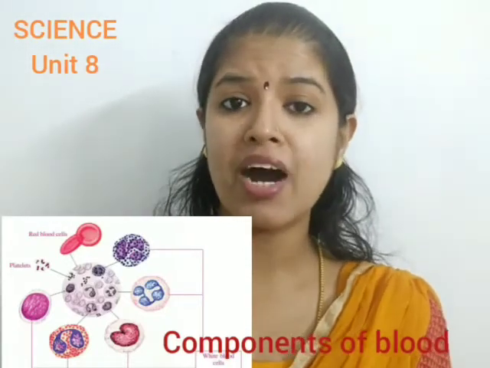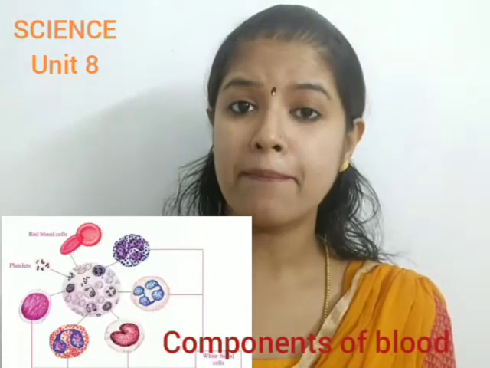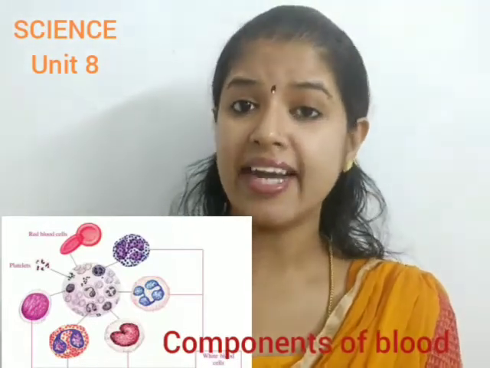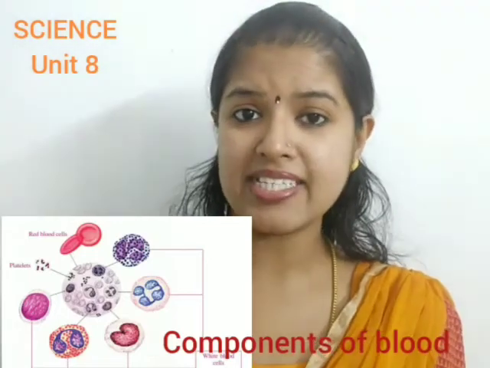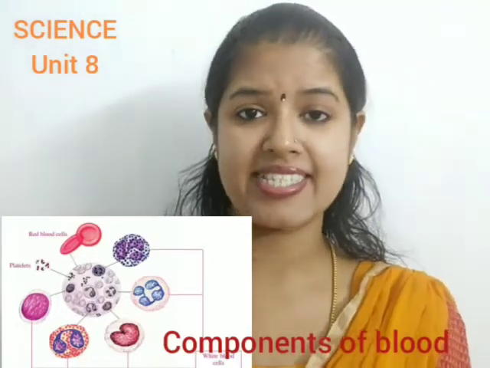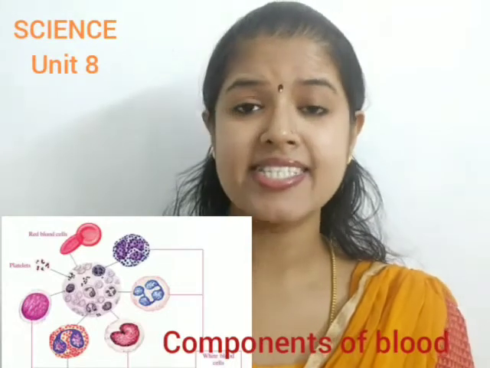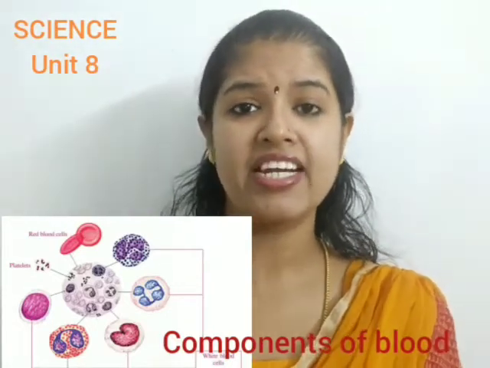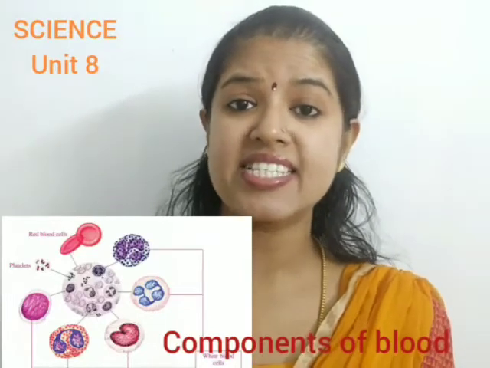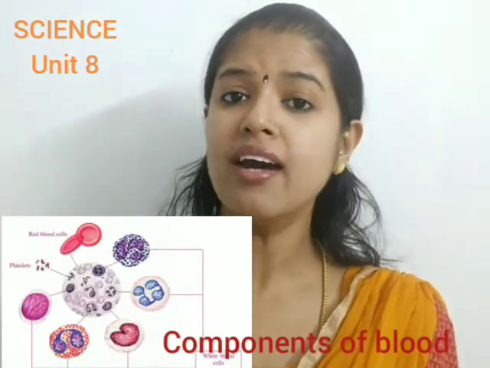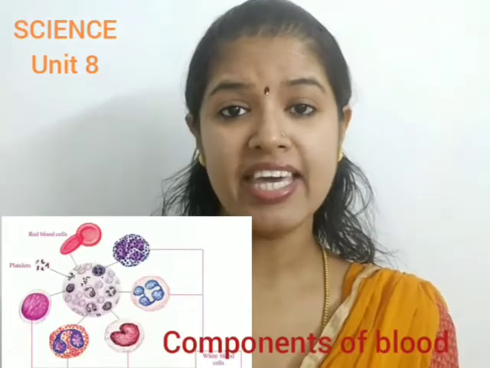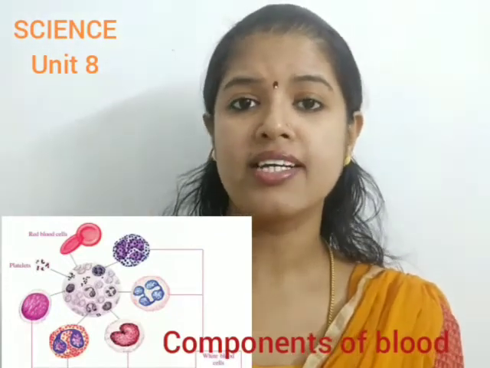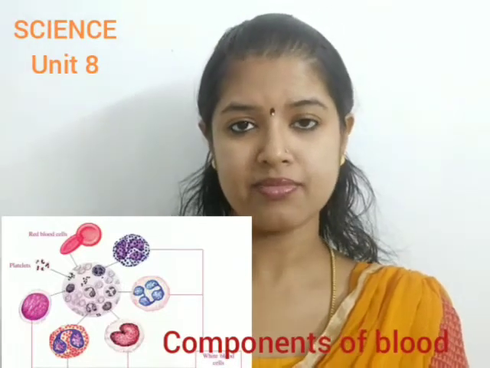The fluid part of the blood is called plasma, and the other parts are red blood cells, white blood cells and platelets. From the name, we can understand that the color of red blood cells is red, because of the presence of hemoglobin. The function of hemoglobin here is the same as we told before.